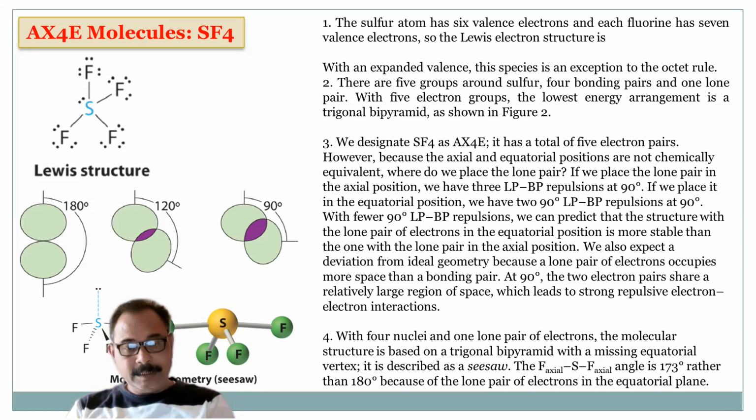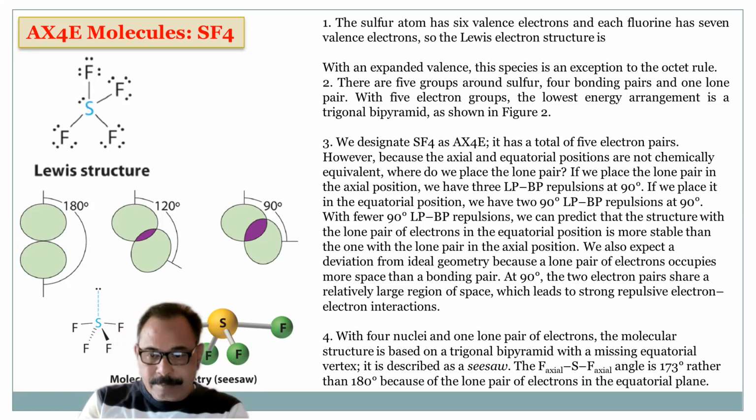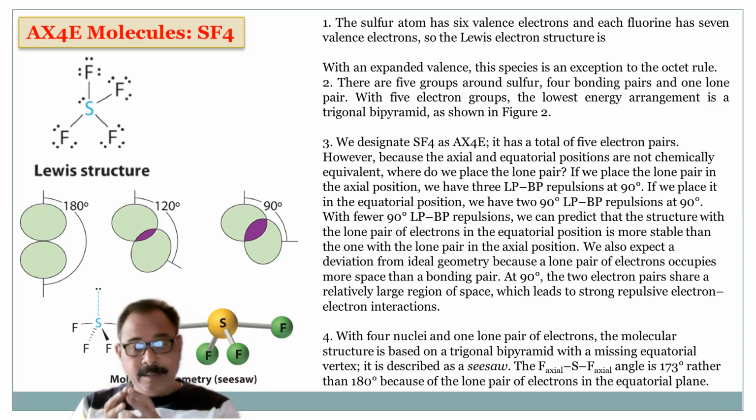We also expect a deviation from ideal geometry because a lone pair of electrons occupies more space than a bonding pair. At 90°, the 2 electron pairs share a relatively large region of space, which leads to strong repulsive electron-electron interaction.